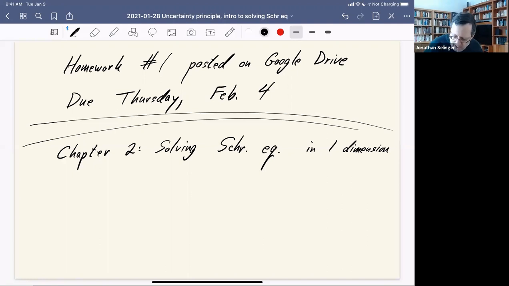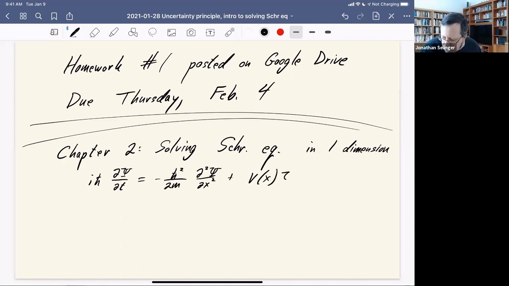Okay, so here's the equation. We have i h bar times the partial derivative of psi with respect to time, and that is equal to minus h bar squared over 2m times the second partial derivative with respect to x, plus the potential energy times the wave function itself.